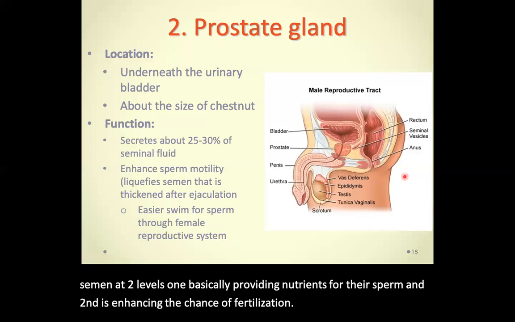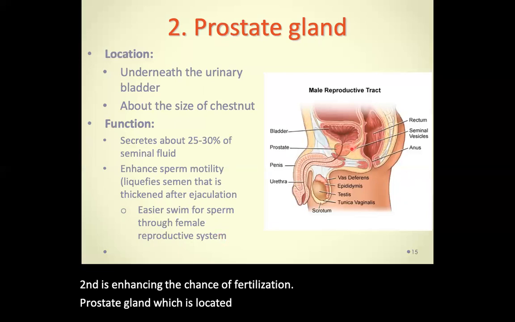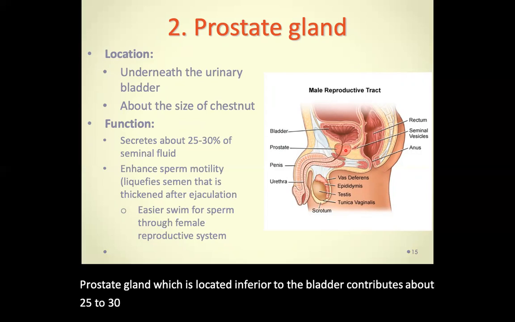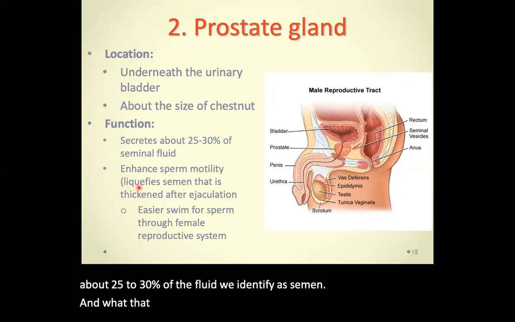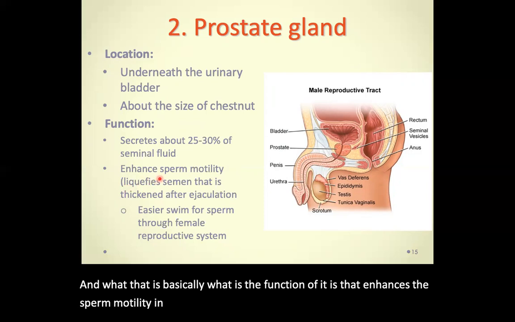The prostate gland, which is located inferior to the bladder, contributes about 25 to 30% of the fluid we identify as semen. Its function is to enhance sperm motility in the female reproductive system.